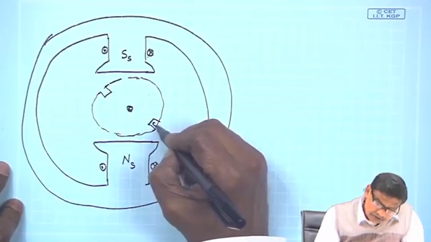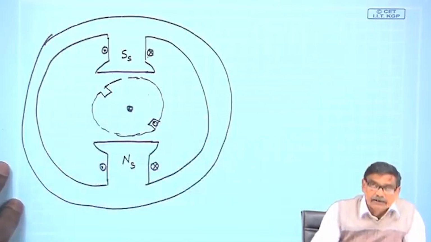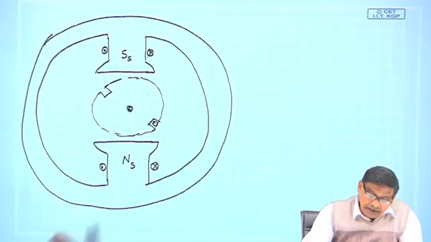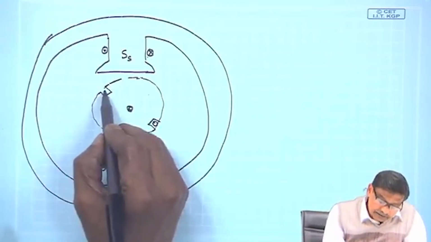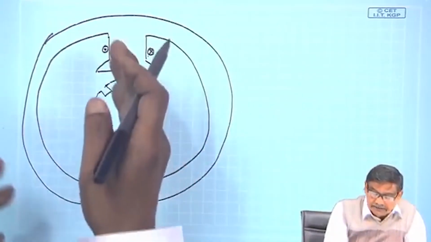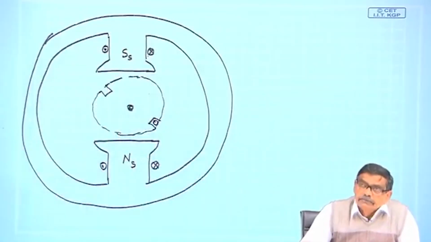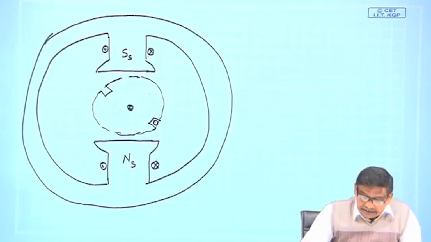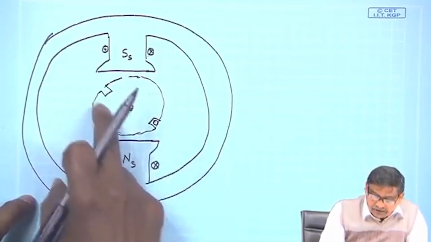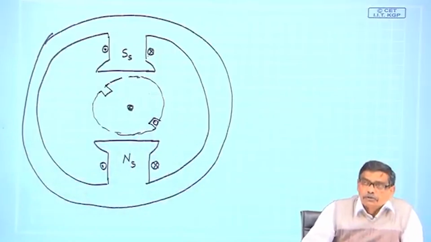A pair of slots I have taken are diametrically opposite, which ensures that if at any time one slot is under the center of the south pole, the other slot will be under the center of the north pole. That is, these slots are separated by a slot pitch.